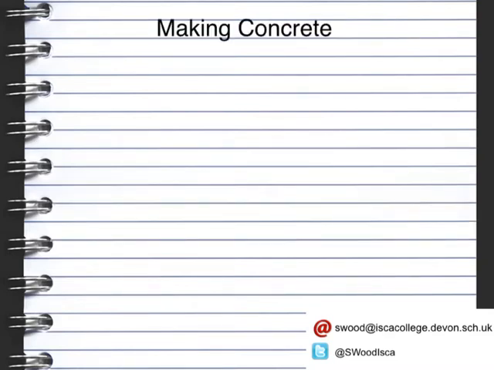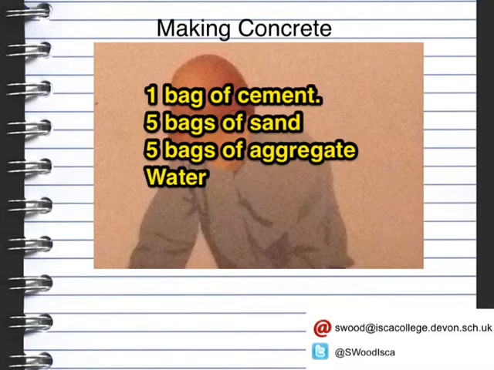Now, concrete is quite an important material for building, and it's extremely important for building homes. In terms of your ingredients for concrete, you need to have a bag of cement to 5 bags of sand and 5 bags of aggregate. Aggregate is just gravel and tiny bits of scrap rock, and then you need water.